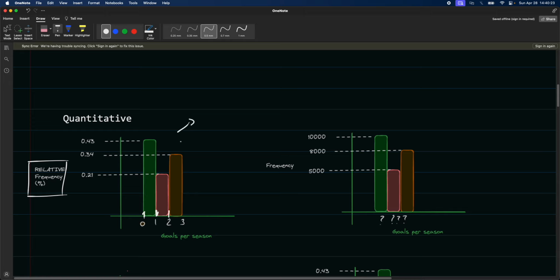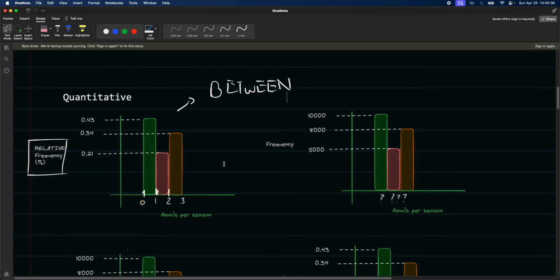This is simply telling you that between 0 and 1, I have 43% of my data. So this is the first important point.